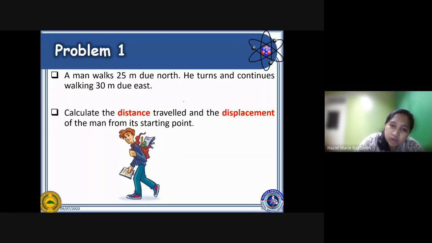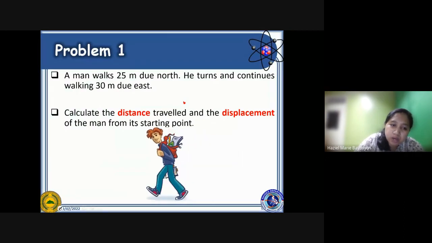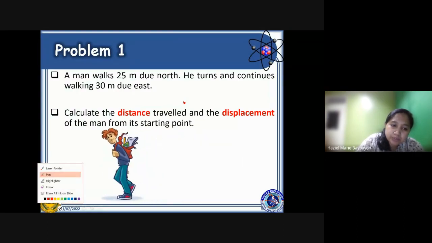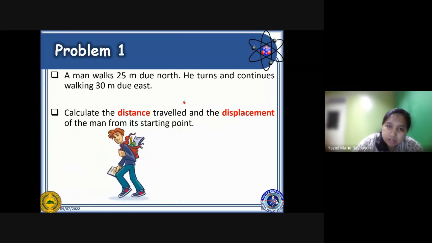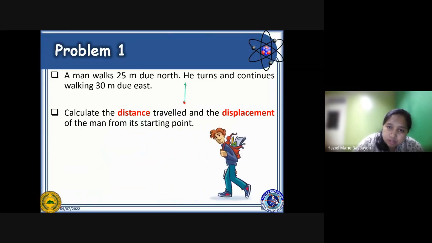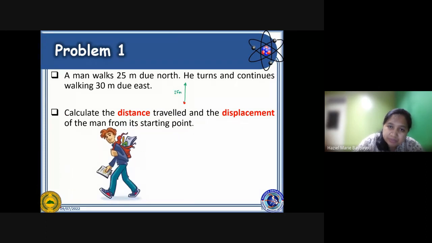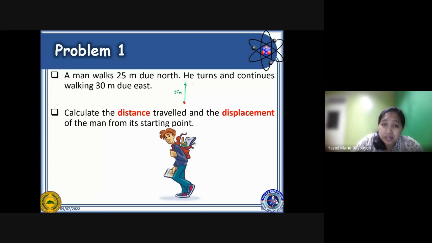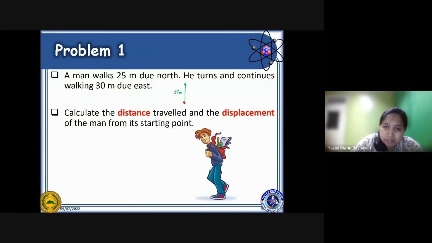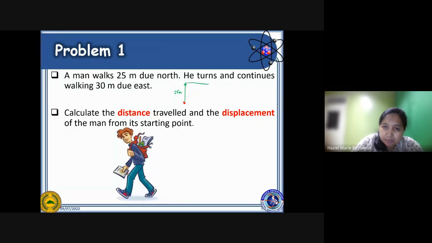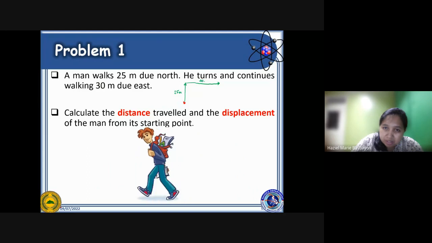From the origin, for example, this is the origin, the red point. The man walks 25 meters due north. So this is 25 meters. And then he turns and continues walking 30 meters due east. So to the east, to the right. Okay. So 30 meters.